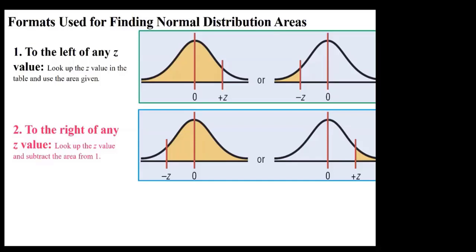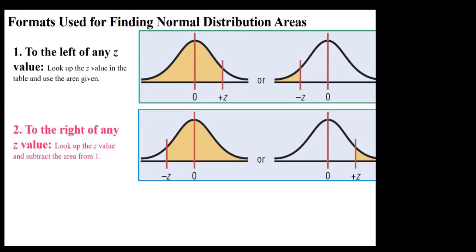Most texts nowadays have the Z table for negative values and positive values. They have made it easy for the students. By symmetry, the area to the left of a negative value of Z is the same as the area to the right of the positive value of Z. Sometimes one may be easier than the other to look up.